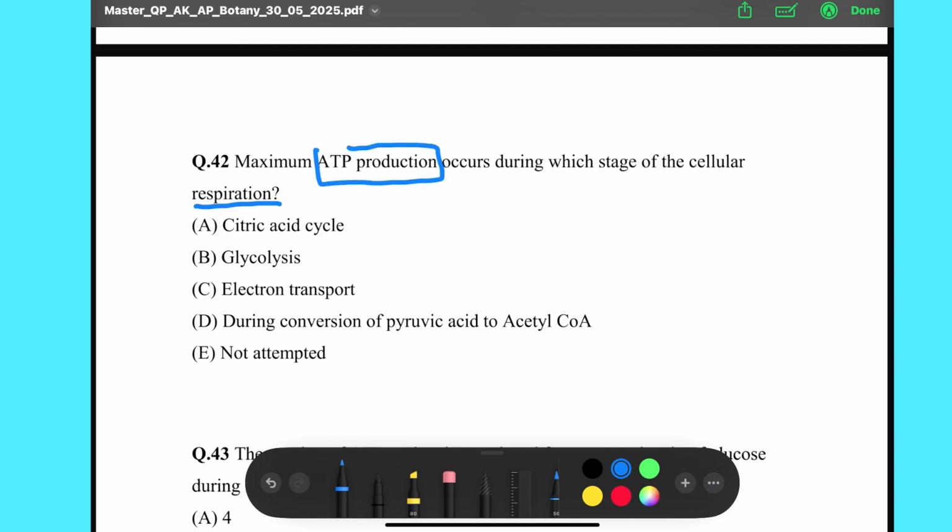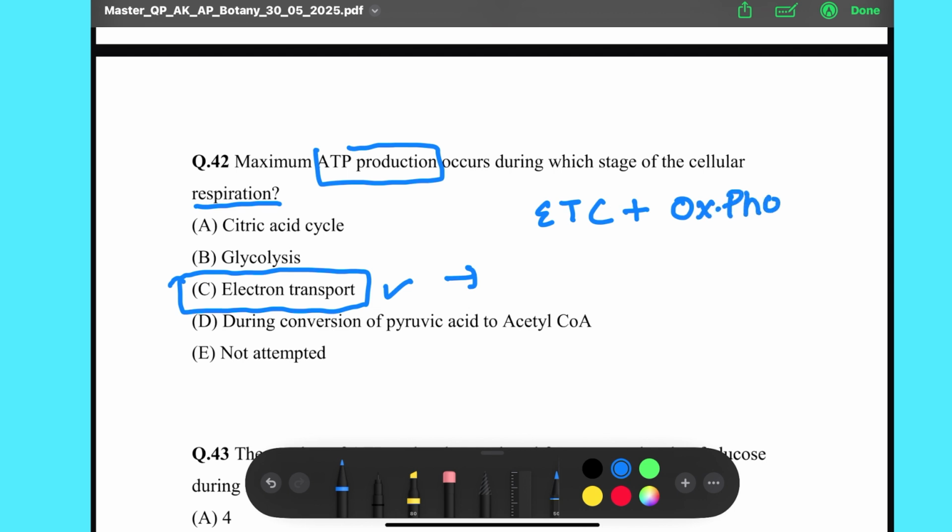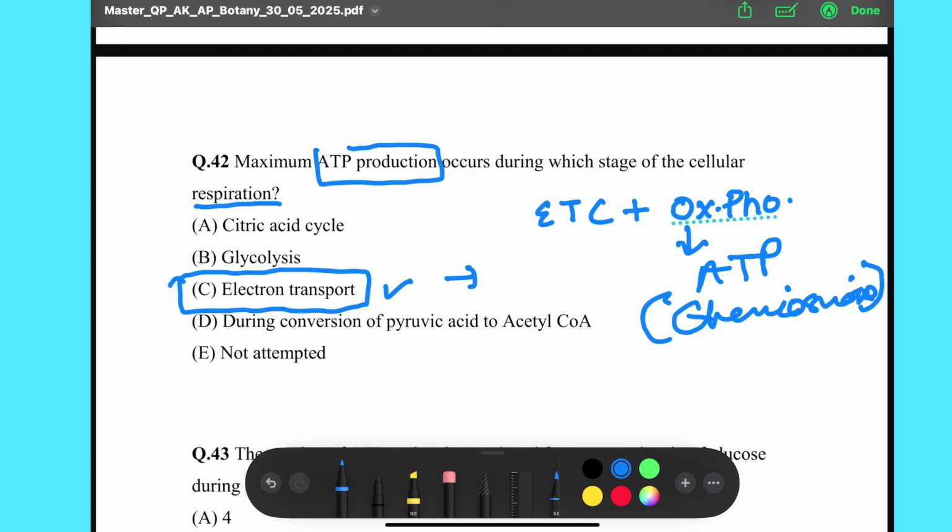Maximum ATP production occurs during which stage of cellular respiration? It is electron transport. Why does this happen? The electron transport chain plus oxidative phosphorylation produce the bulk of ATP by chemiosmosis, compared with glycolysis or TCA.